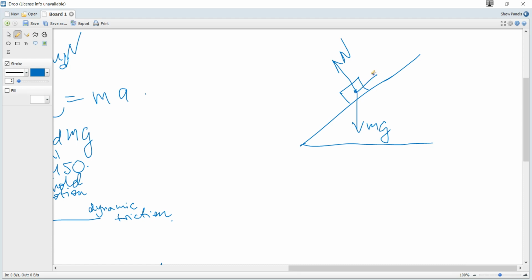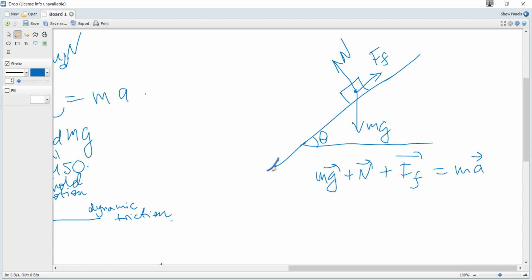The frictional force is in this direction, and let there be an angle theta here. By the second Newton's law, the vector sum of all forces, mg plus n plus frictional, here it's static because it doesn't move, is equal to ma.